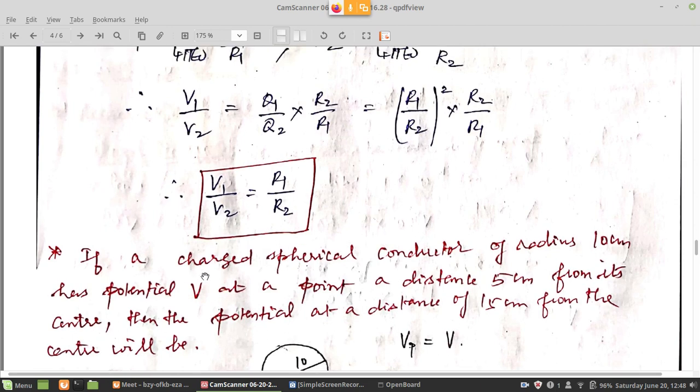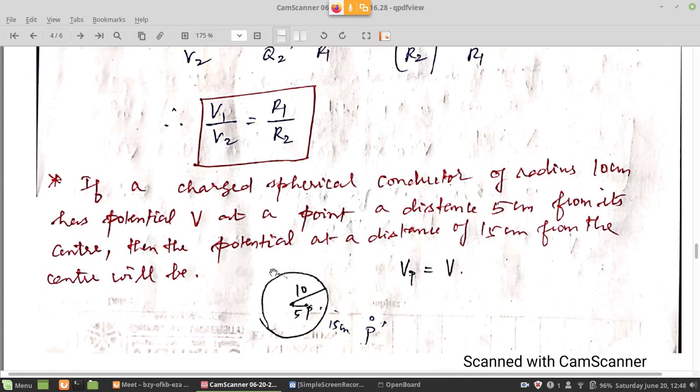Now this one is an interesting problem, please check it. If a charged spherical conductor of radius 10 cm has potential V at a point a distance 5 cm from its center, then the potential at a distance of 15 cm from the center will be? See the diagram here. The sphere is 10 cm radius.